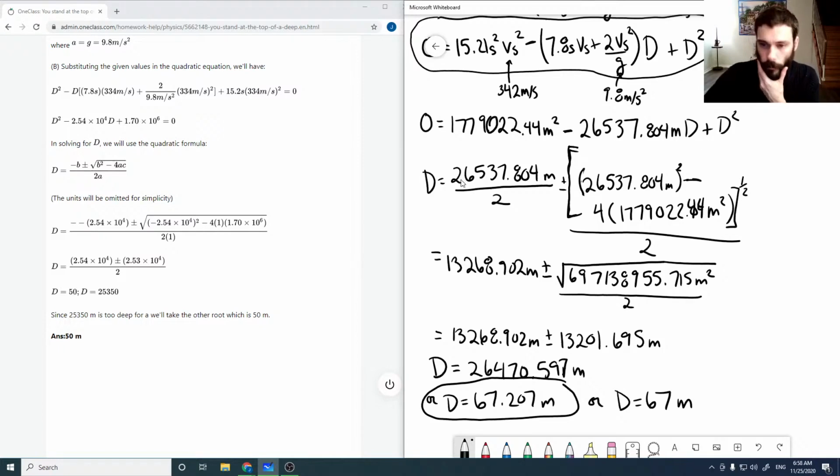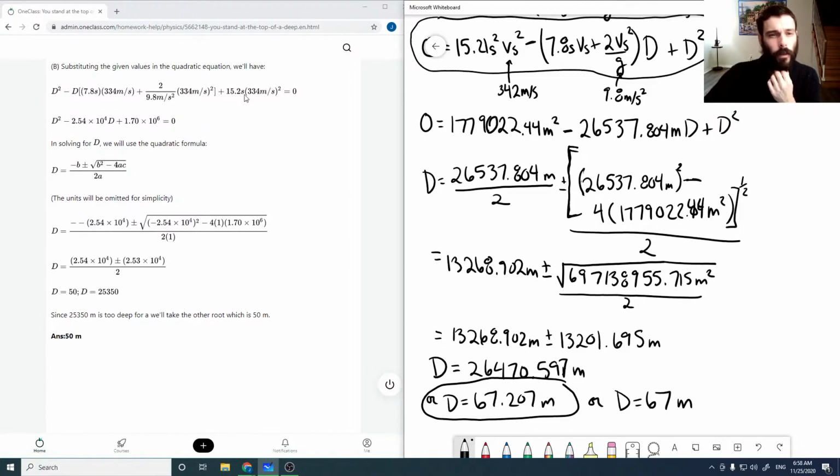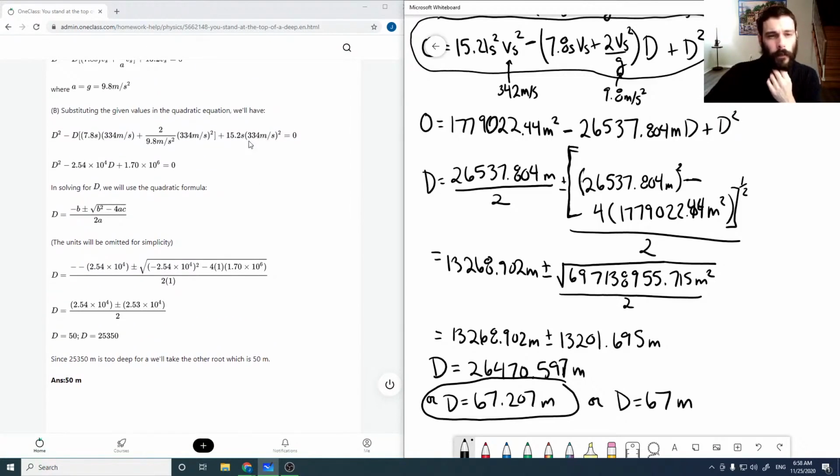It might be just rounding. I don't know where that value comes from actually. So 2.54 times 10 to the 4 looks like it's probably a mistake, since from my calculator anyway, 15.2 times, oh, they're using 334 meters per second. Okay, so they're using 334 meters per second.